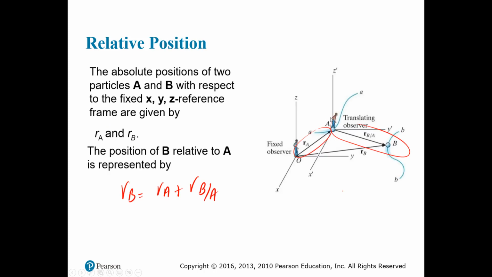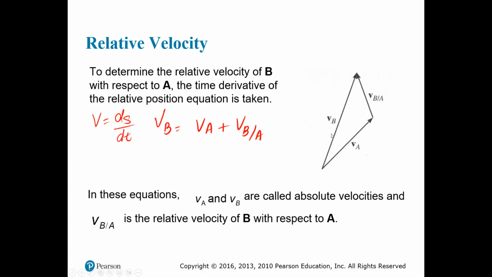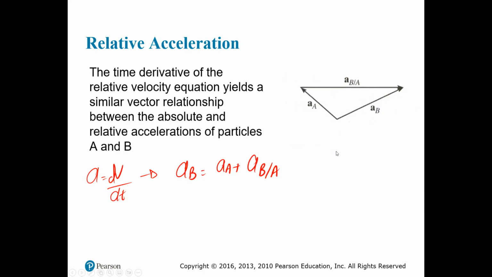Like I said, you have these three things involved: your fixed observer, your traveling observer, and then another particle. If you want to relate them all, you can do that by using vectors, okay? And those vectors are just summing or subtracting the vectors in order to get that equation. In this case, I'm just summing the two vectors in order to get vB, okay?